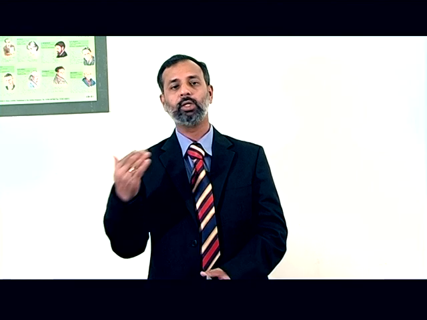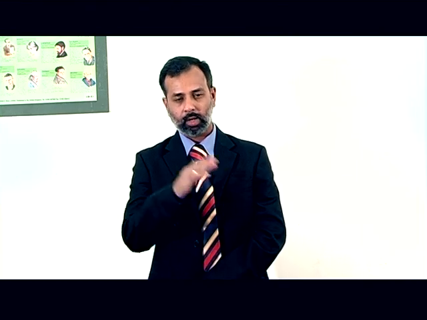The next type of contract is the void contract. Section 2(j) defines what is a void contract: a contract which ceases to be enforceable by law becomes void when it ceases to be enforceable.